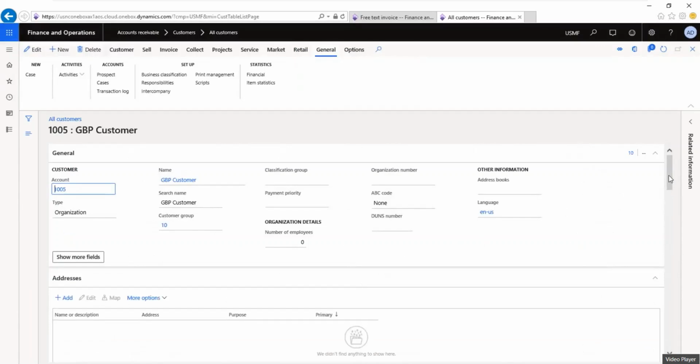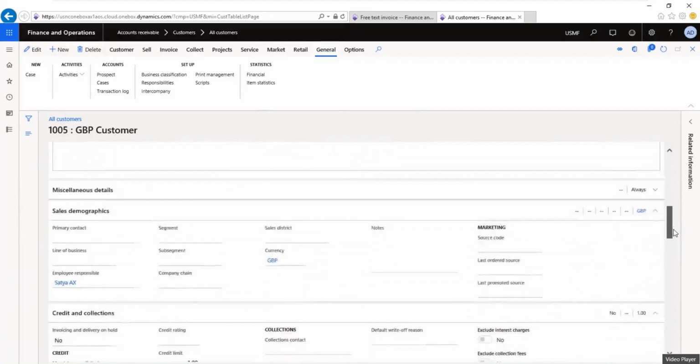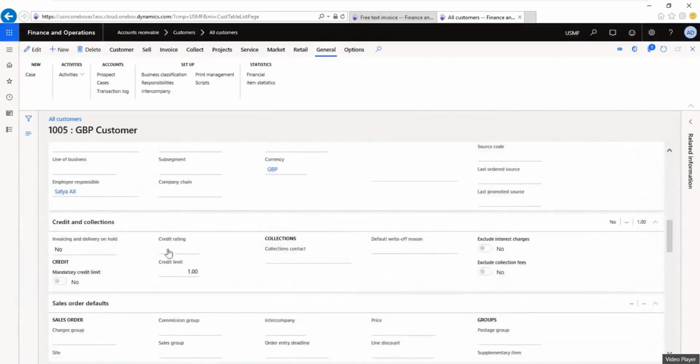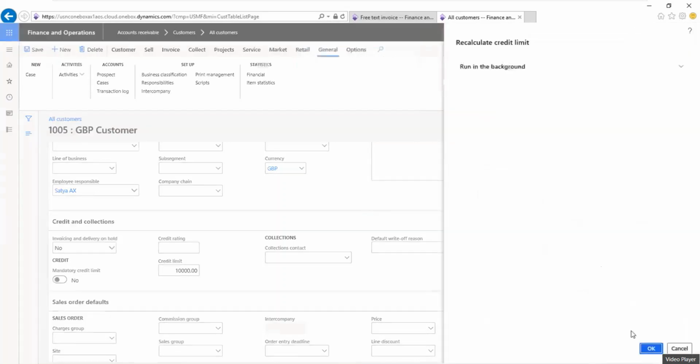So let me scroll down. Here credit limit is there, but it is $1. We'll discuss this later. Suppose I'm entering 10,000 something, and I'm clicking OK.